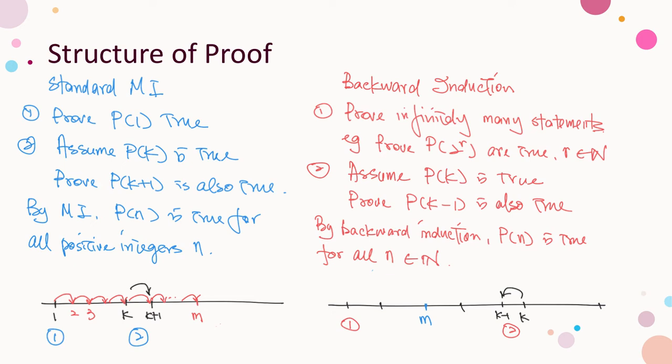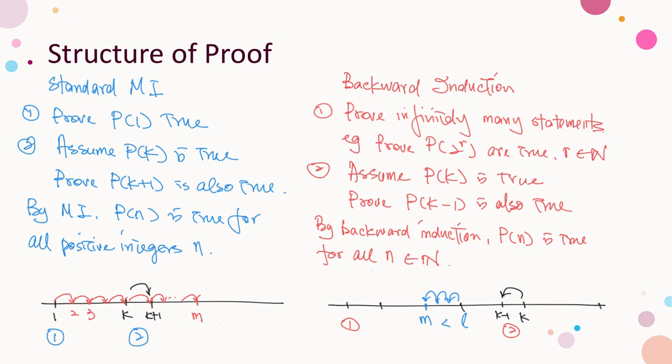Since there are infinitely many true statements proved by the initial step, there is a true statement P of L such that M is smaller than L. Applying the induction step, we work backwardly to prove P of M is also true. As M is arbitrary, therefore P of n is true for all positive integers n.